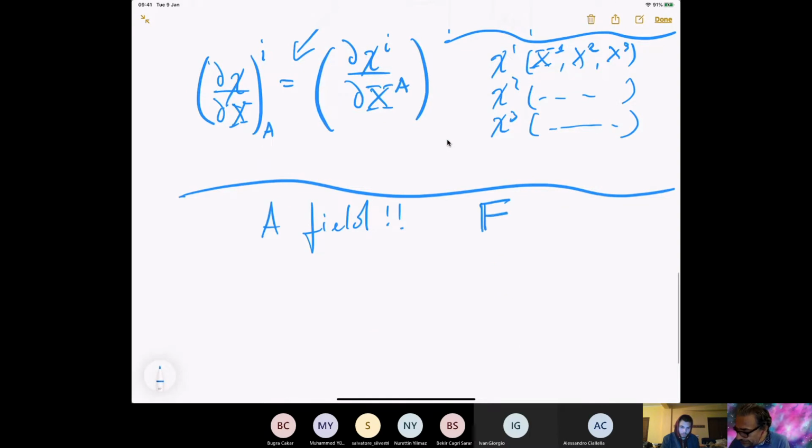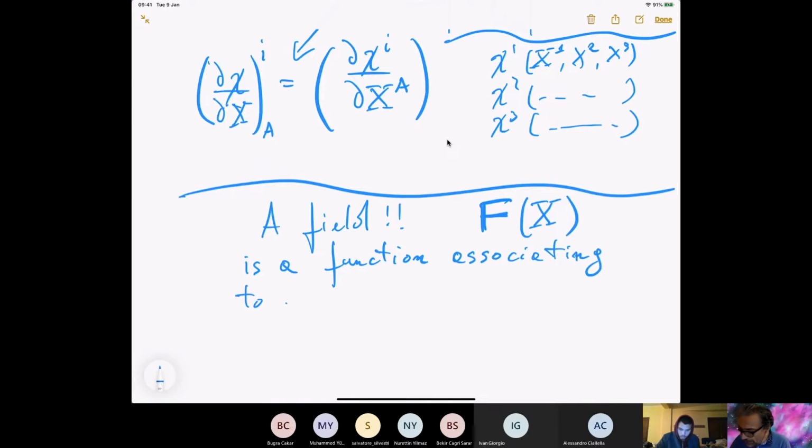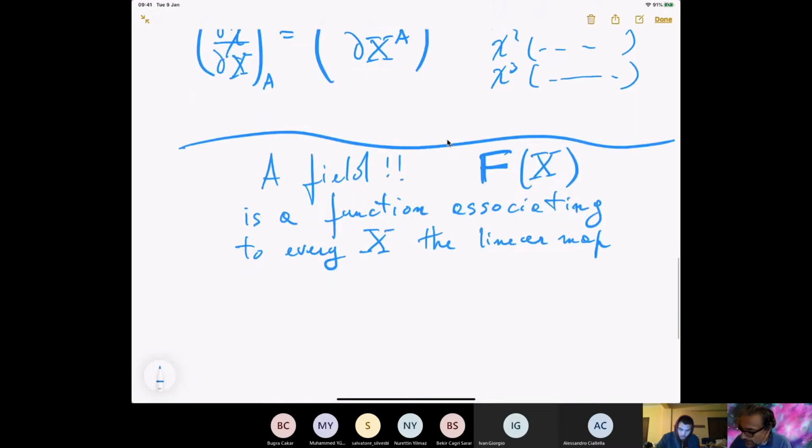Okay, so what we have done, we have introduced a field, capital F of capital X, which is a function associating to every capital X the linear map nabla chi.